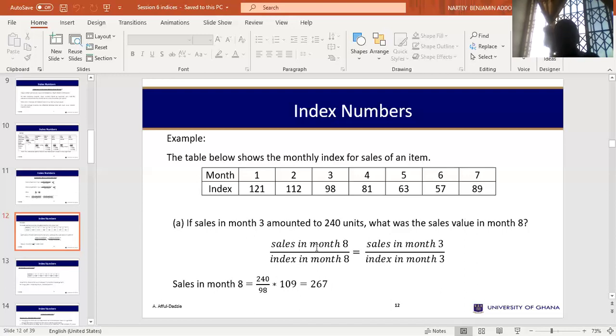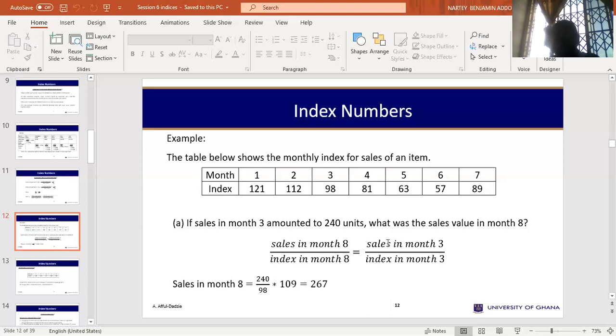when you transpose the formula, sales in month 8, which you don't know, times the index in month 3, that is 98, will be equal to sales in month 3 times index in month 8, which we also don't know.